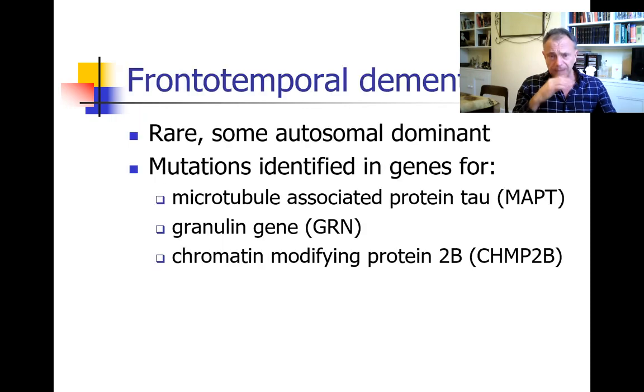And then other causes of dementia. As I mentioned, there's a few rare Mendelian disorders, and some of them cause a disease called frontotemporal dementia, which particularly attacks the frontal lobes and temporal lobes. And so there are identified mutations, one of them in particular genes.